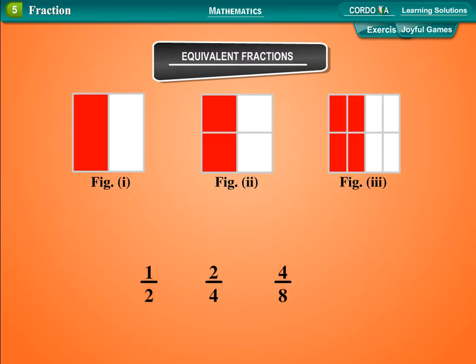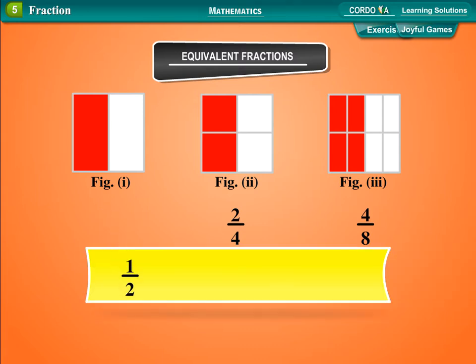If we place the pictorial representation of one over the other, they are found to be equal. The fraction 1 upon 2 can be expressed as 2 upon 4, 4 upon 8, and many other more ways. We can write 1 upon 2 equal to 2 upon 4 equal to 3 upon 6 equal to 4 upon 8 equal to 5 upon 10, and so on.